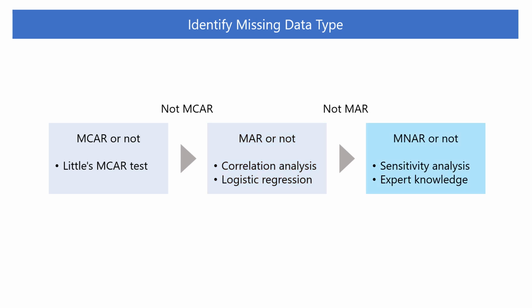If the results indicate that it is highly likely that the data is not MAR, then examine whether it is MNAR. As there is no robust statistical test for determining whether missing data is MNAR, we use sensitivity analysis and make inferences based on expert knowledge.